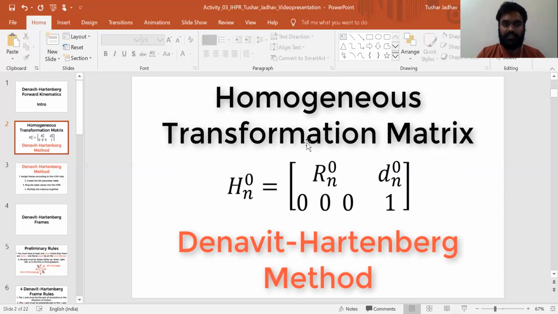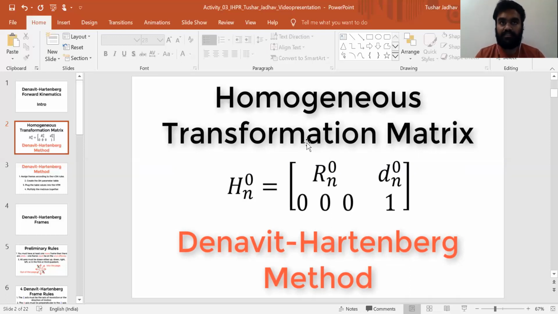That rotation matrix is generally over fixed frames. If you recall, each joint or each part of the robot has a certain frame in the x direction, y direction and z direction, having its own coordinate system. So accordingly, we have a rotation matrix and a displacement.